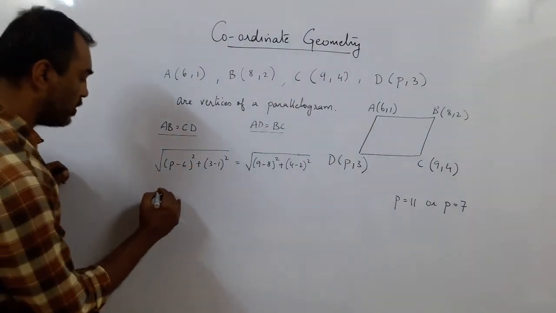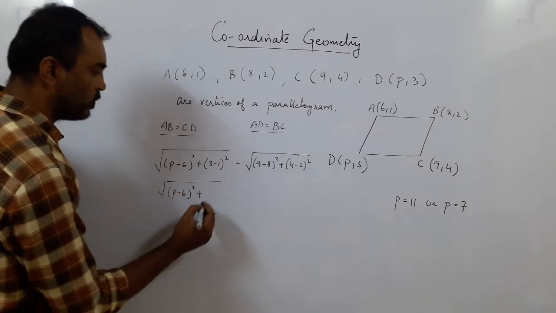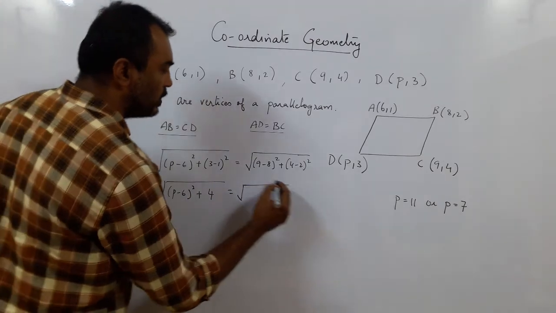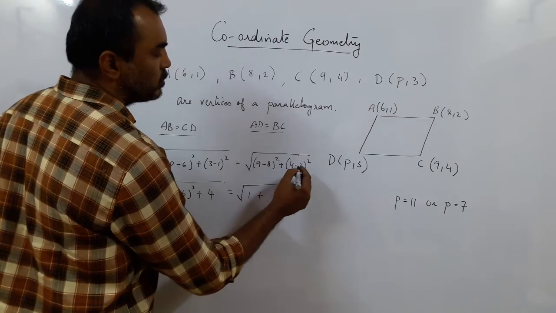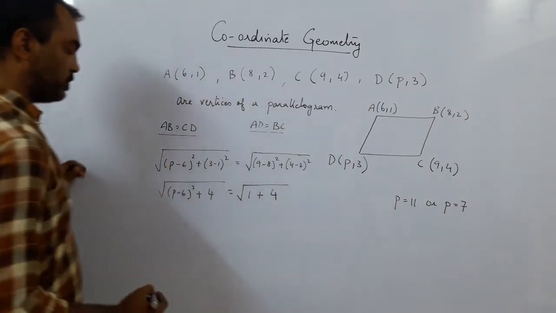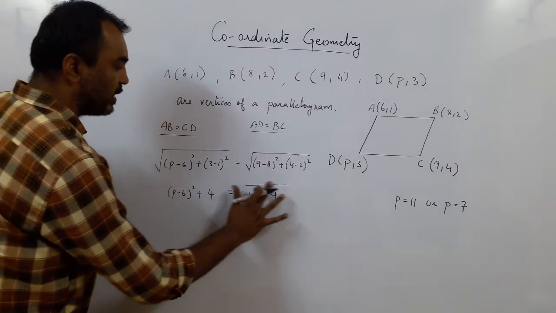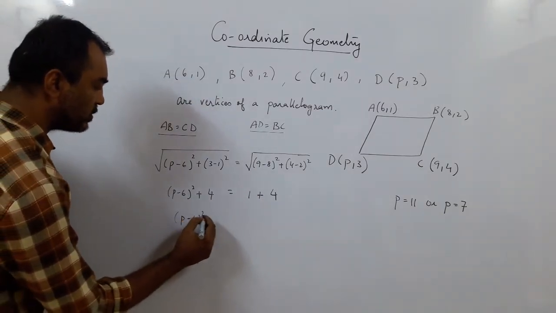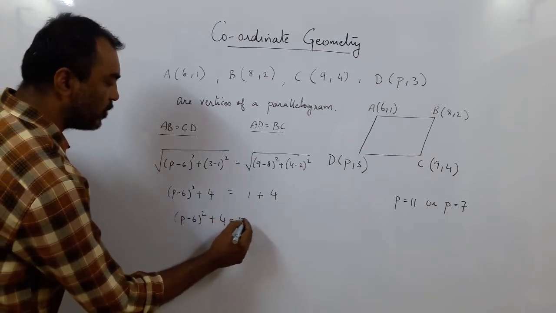Okay. So we have under root P minus 6 the whole square plus 3 minus 1 is 2, 2 the whole square is 4, equal to 9 minus 8 is 1, 1 the whole square is 1, 4 minus 2 is 2, 2 the whole square is 4. Now like I told you last time, the next step is to square both sides; the square root on both sides goes away. So we have P minus 6 the whole square plus 4 equal to 5.